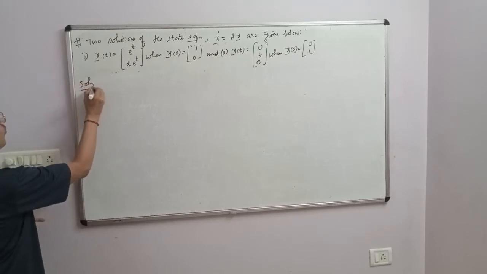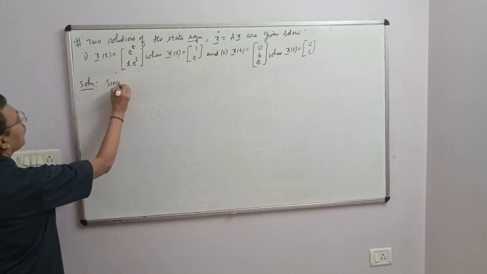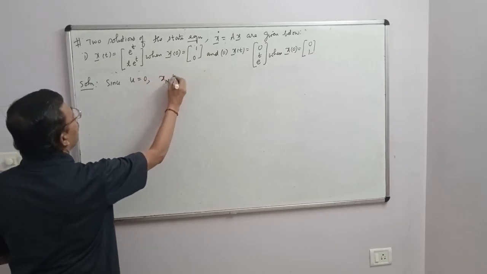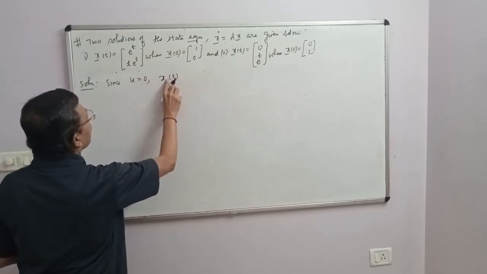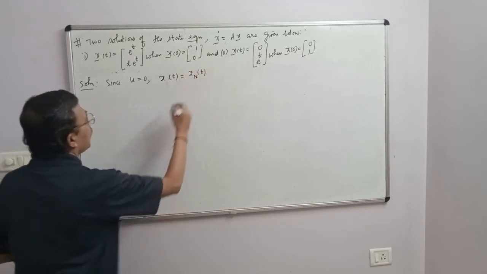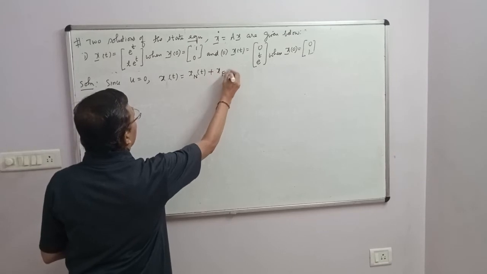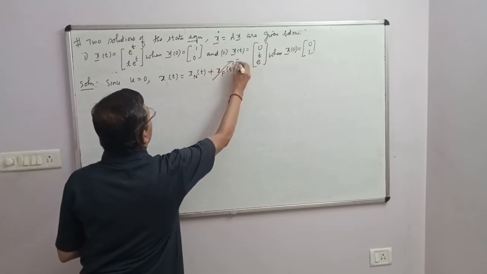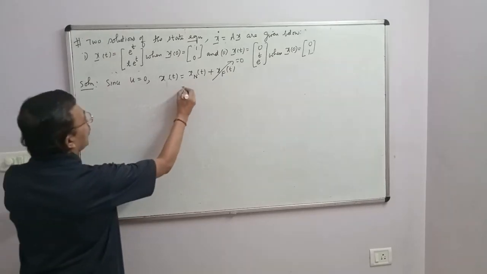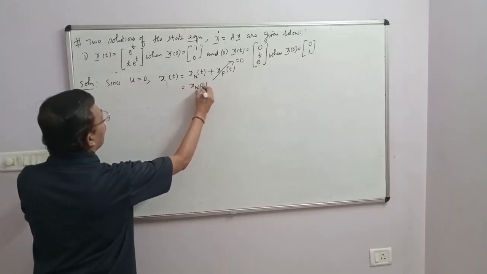Solution. Since u is equal to 0, x of t is the same as xn of t. Actually x of t is equal to xn of t plus xf of t. xf of t is 0 because u equals 0. That means x of t is nothing but xn of t.